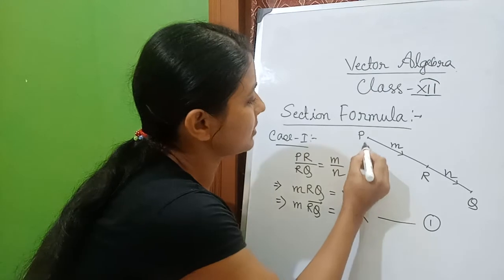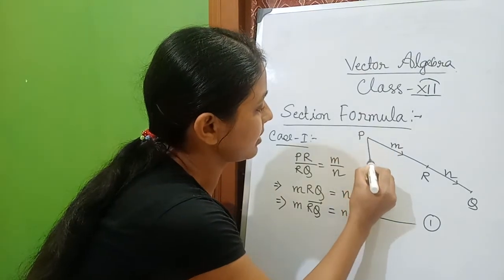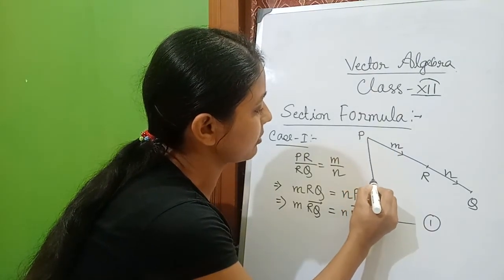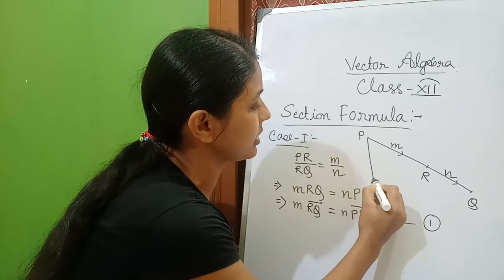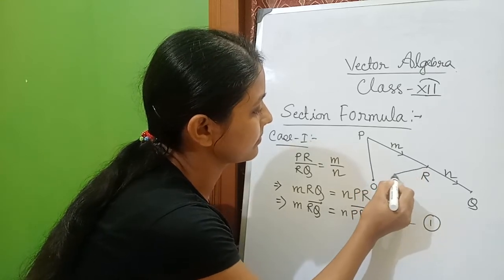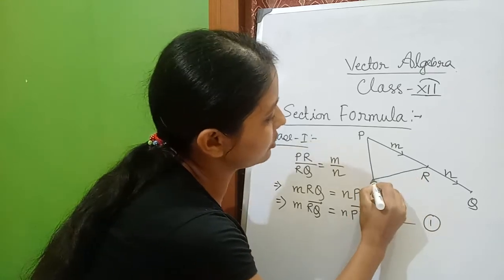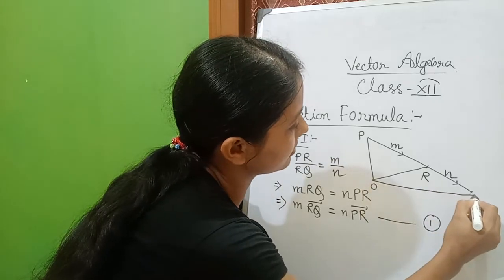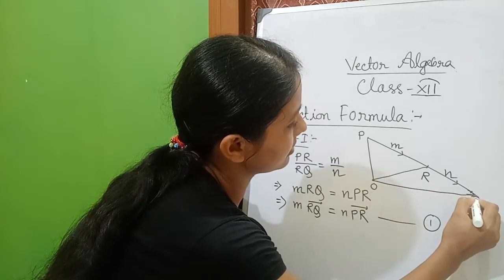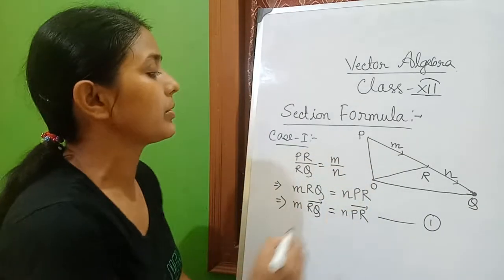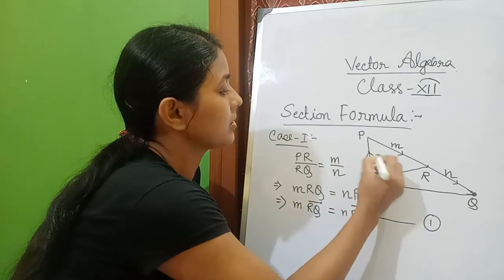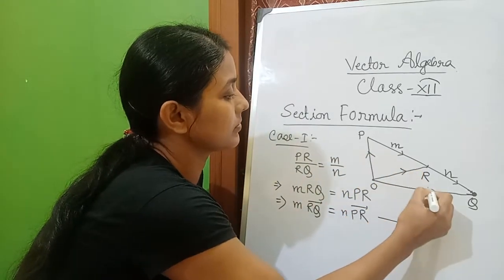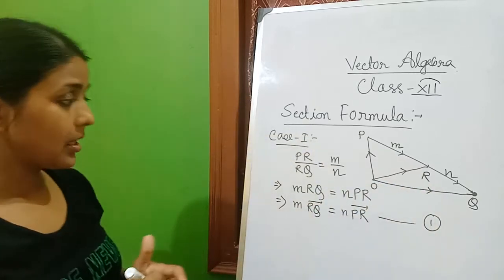Now I'm just completing the figure. Think that this is O, the origin point. OP is joined. Sorry, suppose this is Q; OQ is joined.